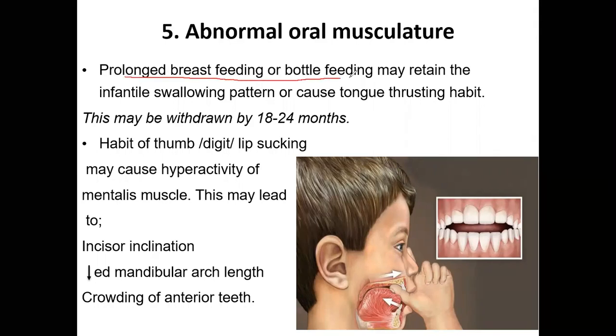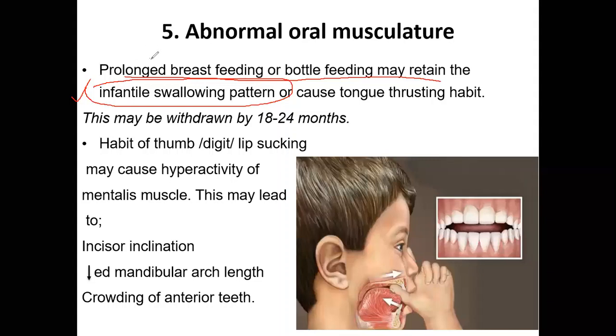You know, these prolonged habits of bottle feeding and breastfeeding will continue the infantile swallowing pattern of a child. You know, there are two patterns of swallowing. One is infantile swallowing, which is done by infants. When the child is growing, this swallowing pattern has to be changed to allow proper growth of the jaws and a proper accommodation of the teeth over the jaws.